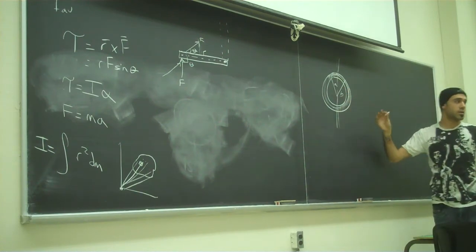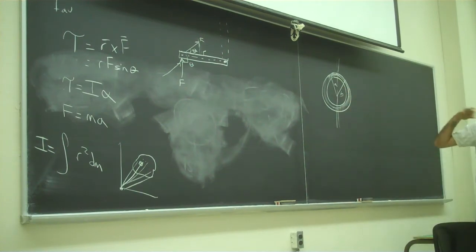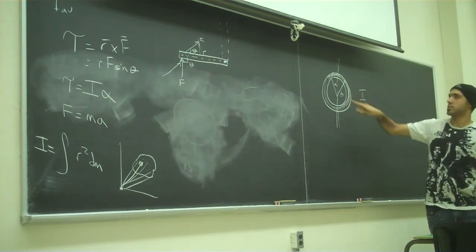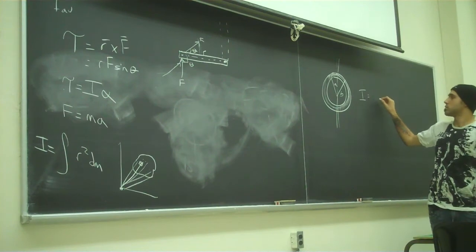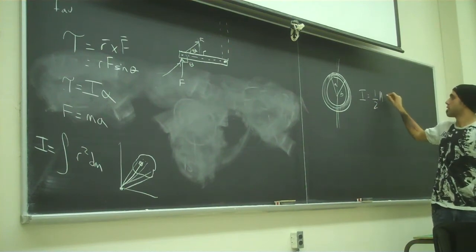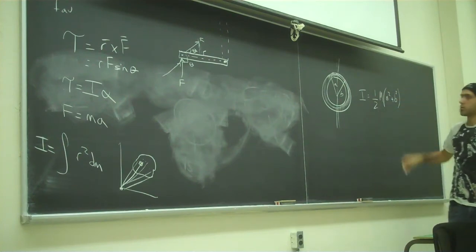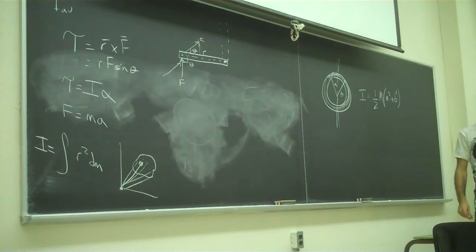But in your book you have a table of moments of inertia. For this one, I think the moment of inertia around a central axis is, I can't remember exactly, mass times a squared plus b squared. You don't have to write it down, it's just an example.